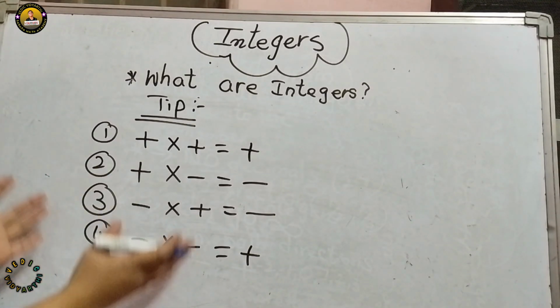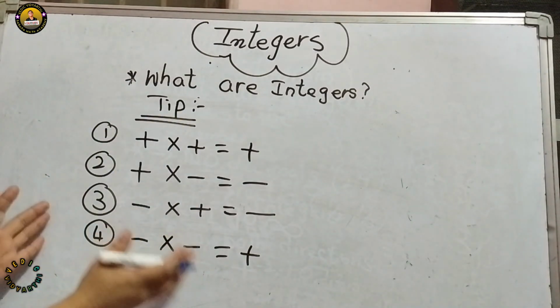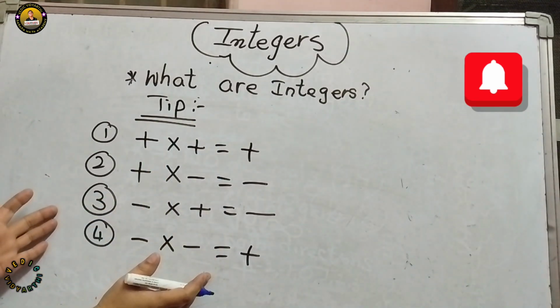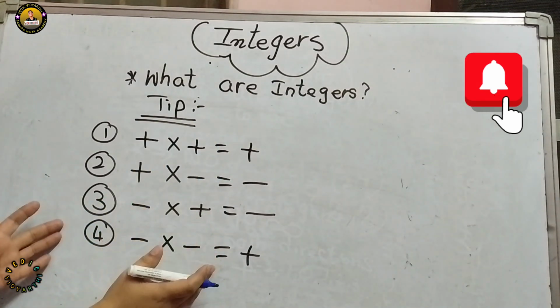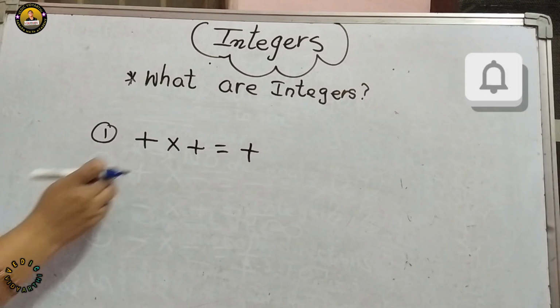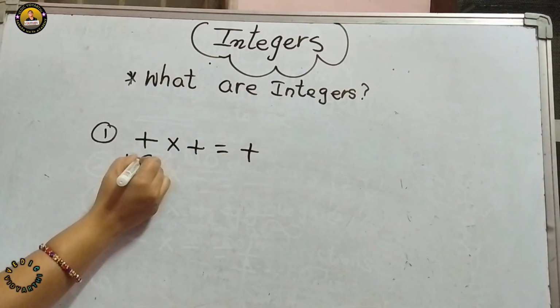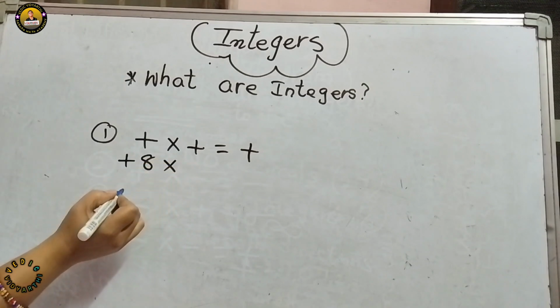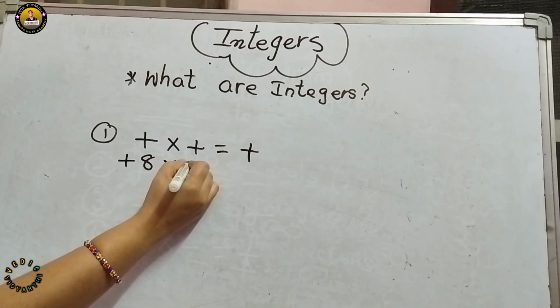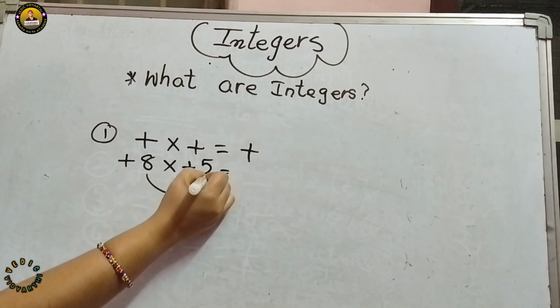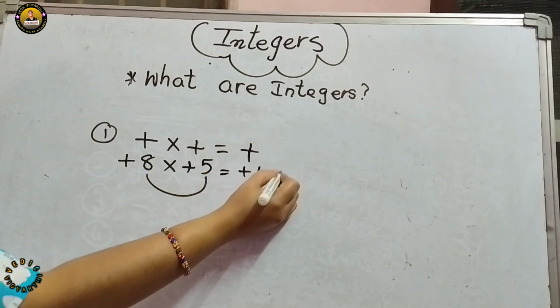Now, let's take this set and we will go with the numbers, how this tip is going to help us to solve the numbers. Let's take plus into plus is equal to plus. 8 into 5 equals, 8 5 times 40.